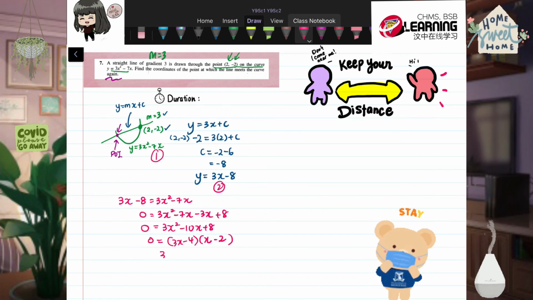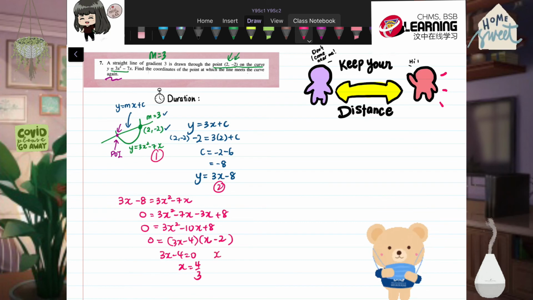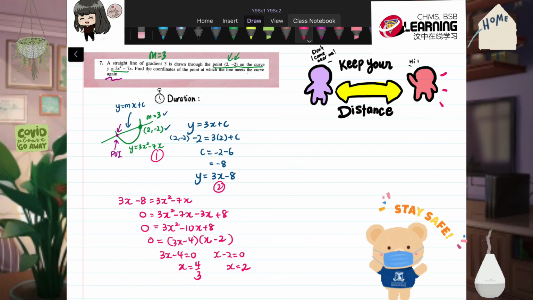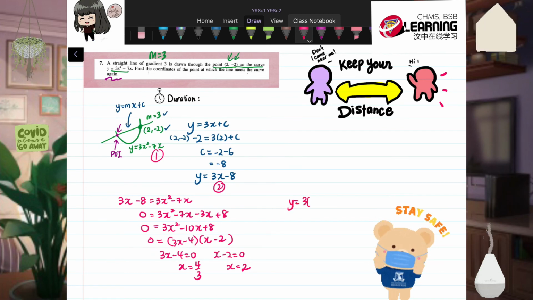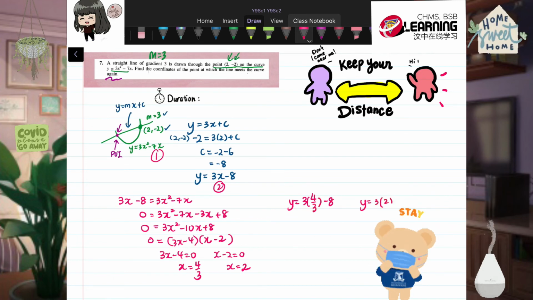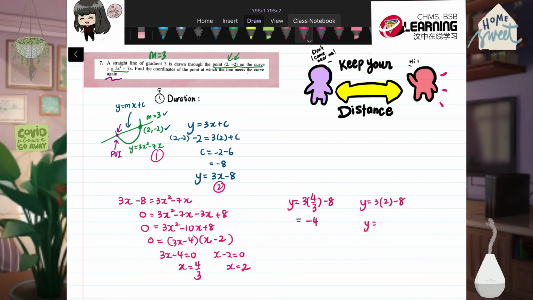Don't forget your equals 0. So your x is 4 over 3 and your x is 2. Then I sub into my y, and my coordinates are (4/3, -4) and another one is (2, -2).